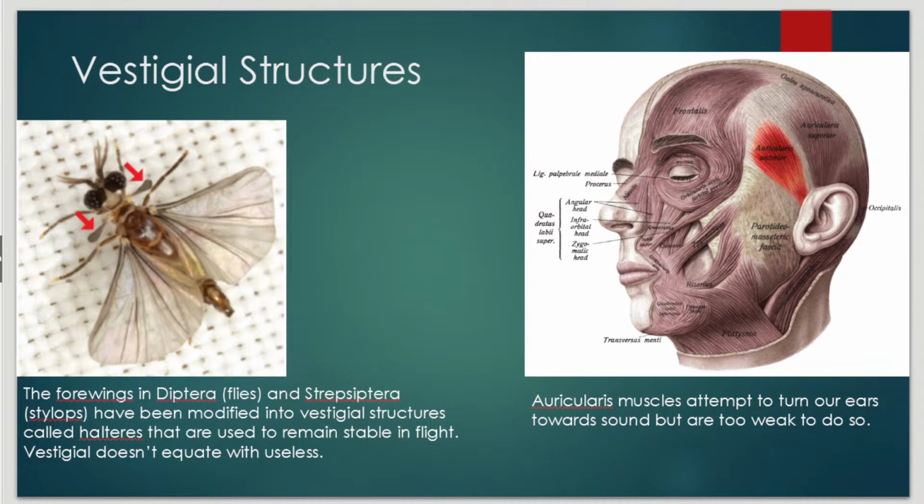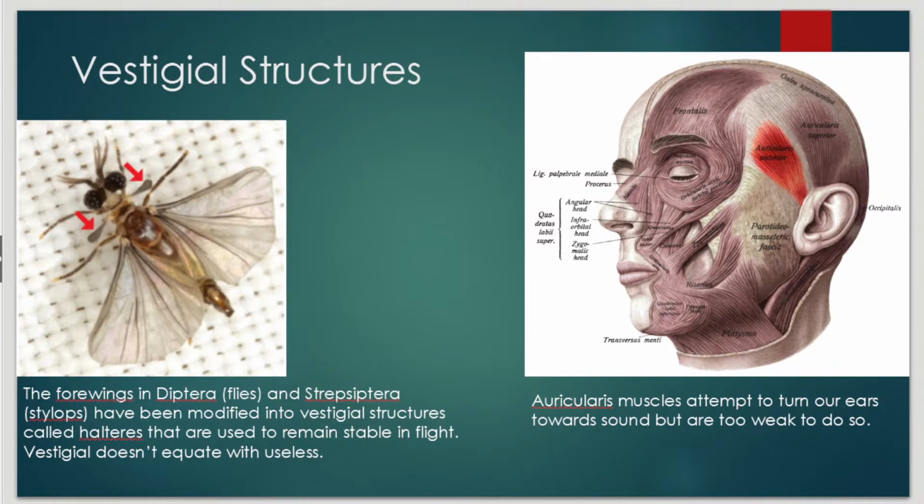The halteres, sorry, they are still used, but they are very, very reduced wings. They're used more for maintaining stability. But they're obviously not used for flight anymore. Yeah, they're basically biological gyroscopes. Gyroscopes, yeah, that was what I was looking for. But that's what they're used for now.